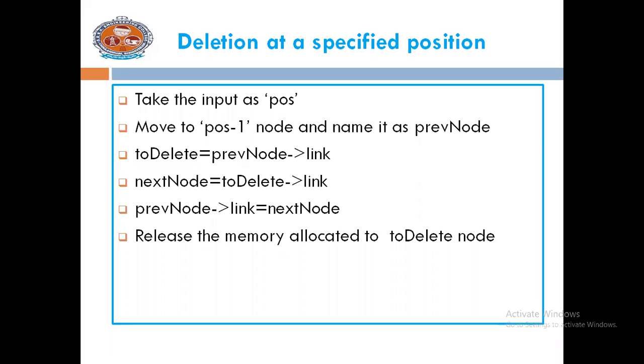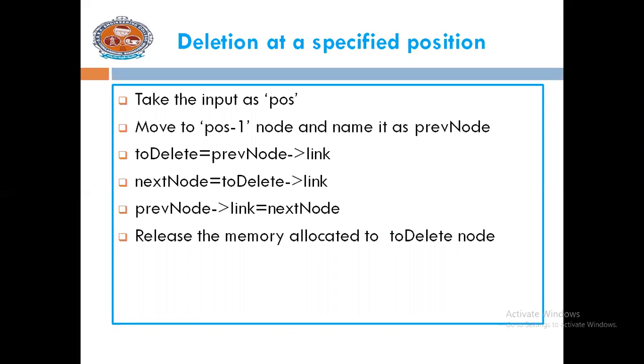So what are the steps involved for deleting an element at a specified position? Take the input as POS and in the next step move to the position minus 1 node and name it as the previous node. Here we are using a loop to move to the position minus 1 node, and it is called the previous node.